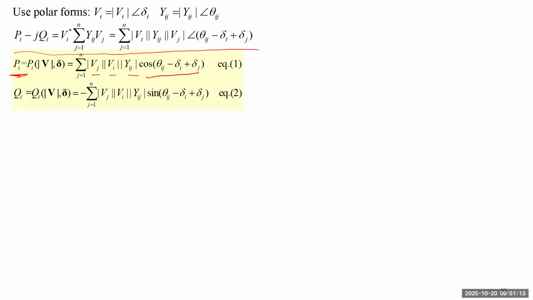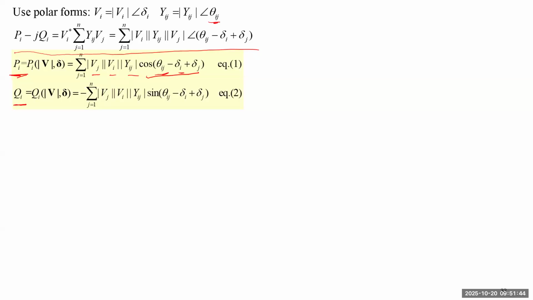And here is cosine theta ij. Theta ij is the angle difference between the buses. Delta is the angle of the bus voltage phasor, and theta ij is the angle of the admittance. Because we want to change the phasors, complex numbers, and admittances all into polar form.